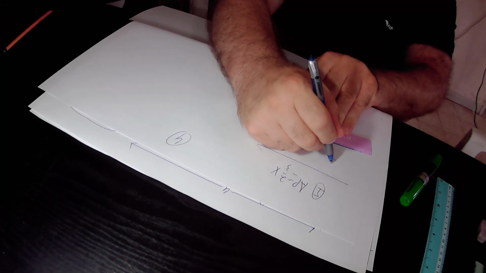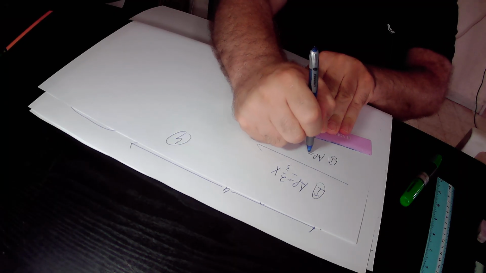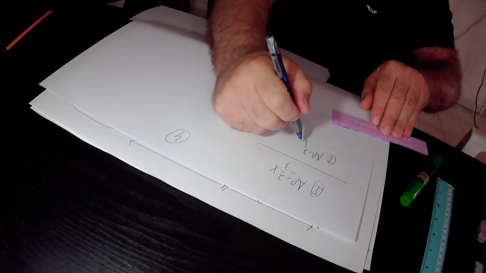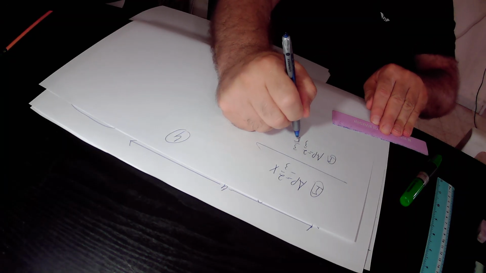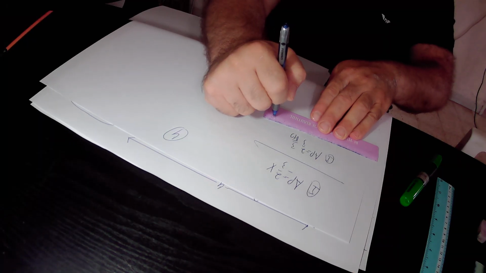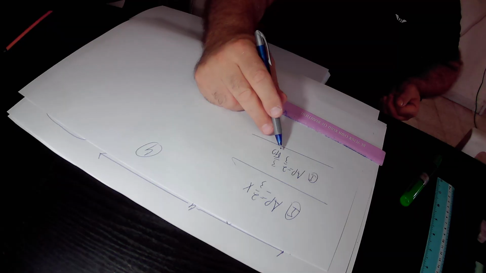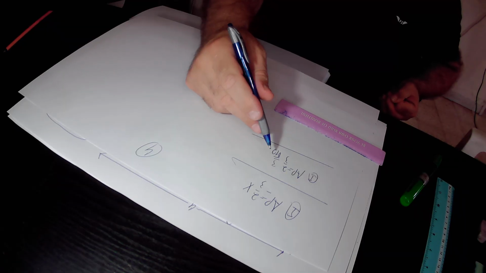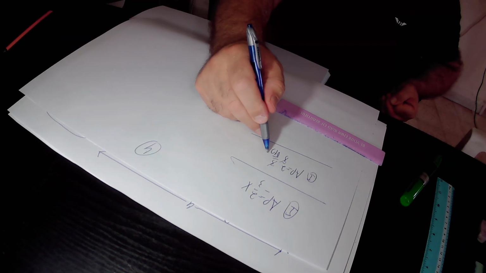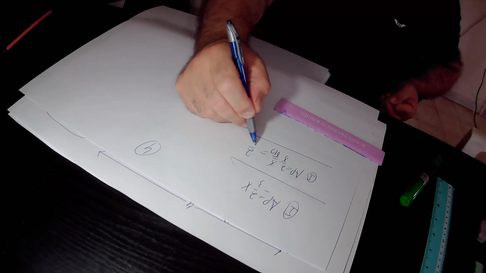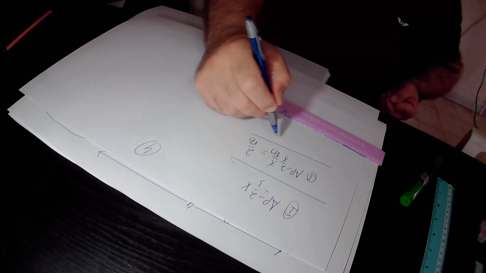So AP equals 2/3 x, and x equals 3 over square root of 10. Here we have 3 in the numerator and 3 in the denominator, so 3 will get cancelled. After we cancel 3, we get that AP in total equals 2 over square root of 10 units in its length.